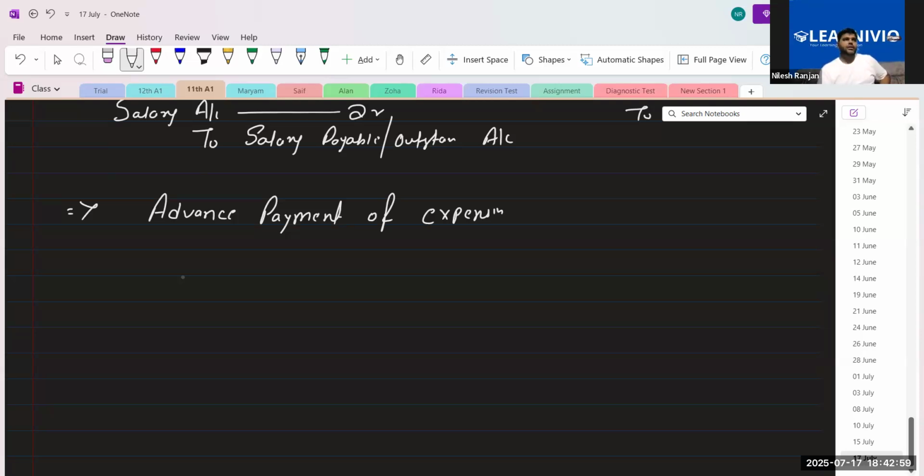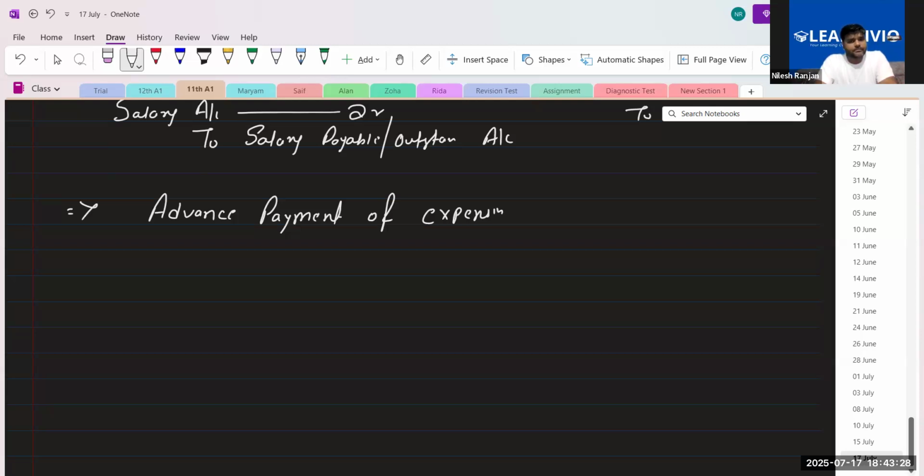He told me that he has some family work, so I have paid the salary in advance. He has not completed his work for the month, but I have paid the salary in advance. So in that case, salary will not be recorded as an expense because salary is not incurred yet. After he has completed his work, then the salary will be recorded. Is that clear?